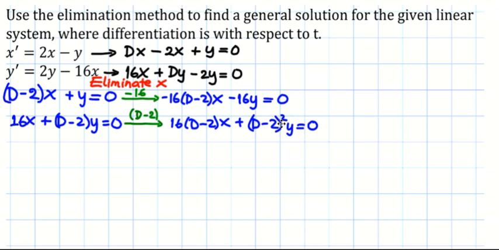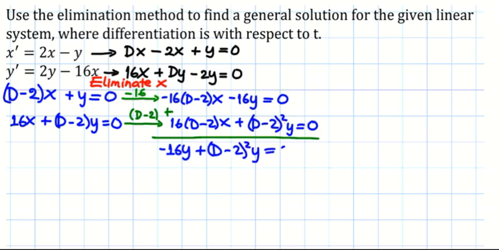Then we'll add side by side. The x gets eliminated, and then we'll just solve for y. So we will have negative 16y plus (d minus 2) squared y equal to 0.